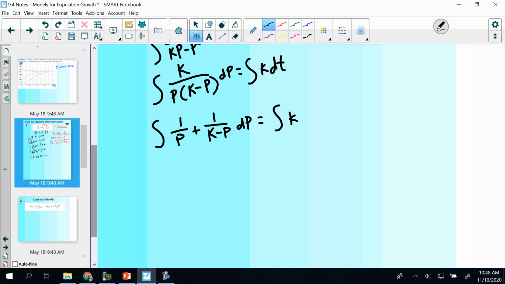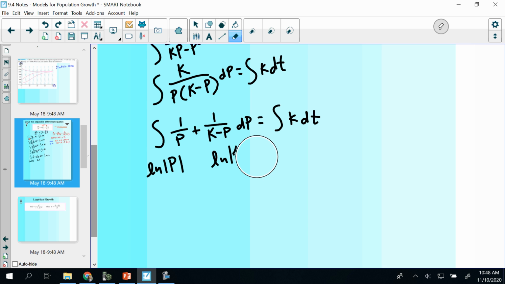All right, now let's integrate both sides here. If we integrate the left side, this is going to become natural log of our population. The next one's also going to be a natural log of our carrying capacity minus our population. Be careful on this antiderivative. Remember, our variable here is p, but it's negative.